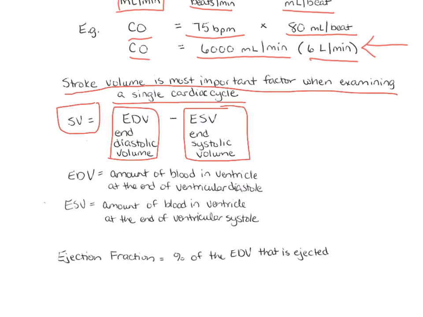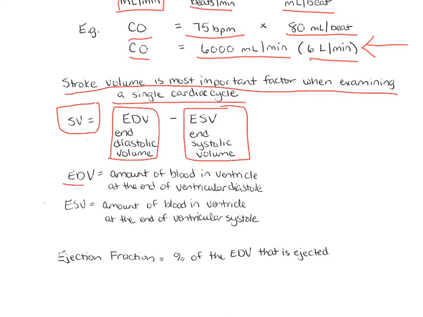Because it's pretty hard to put a probe in that aorta and measure how much blood came out. We'd have to measure what's in a container. We can measure blood in a container like the ventricle. So that's why we are measuring the end diastolic volume and the end systolic volume, because they're measurable, right?